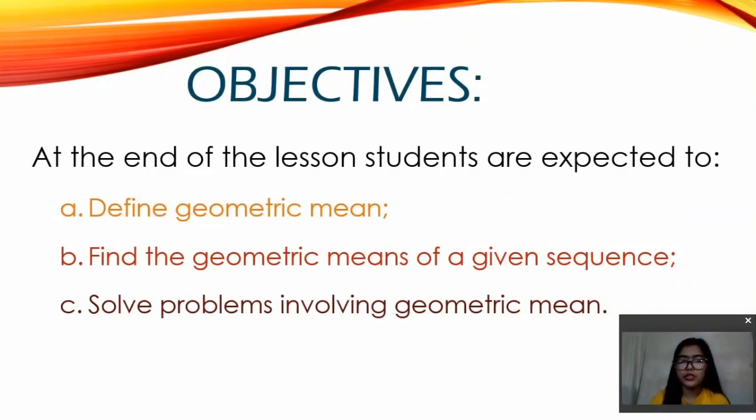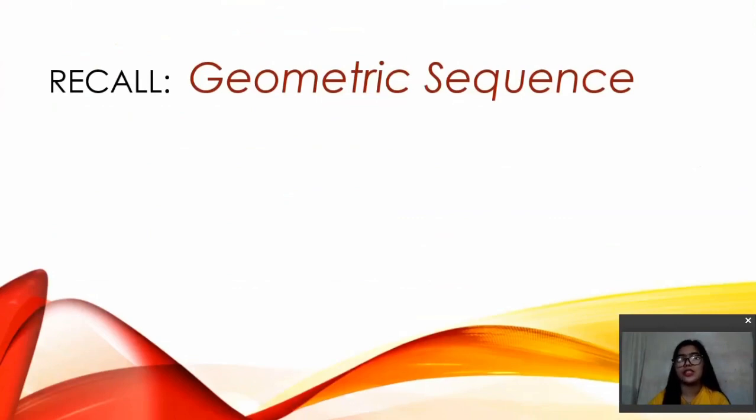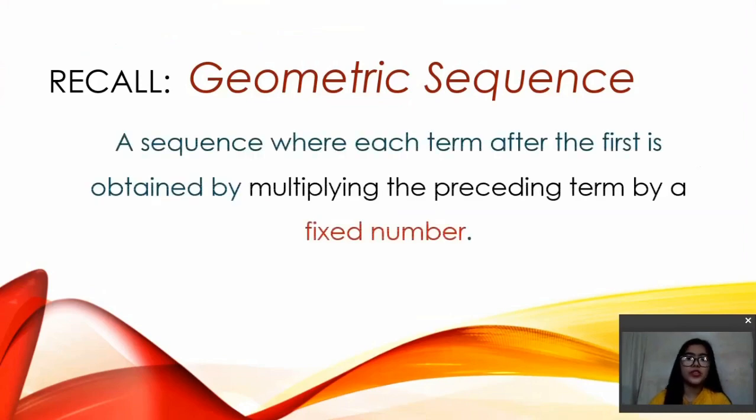Before we proceed to geometric mean, let us recall geometric sequence. So, ano ba ang naaalala nyo sa geometric sequence? Okay. So, a geometric sequence is a sequence where each term after the first is obtained by multiplying the preceding term by a fixed number. So, meron tayo ditong tinatawag na fixed number.